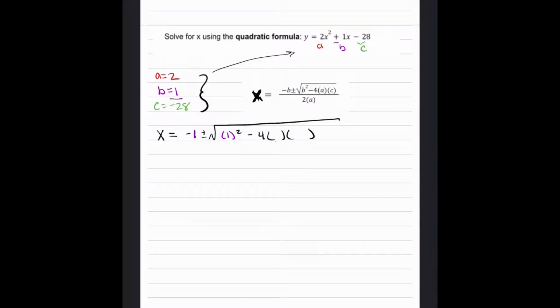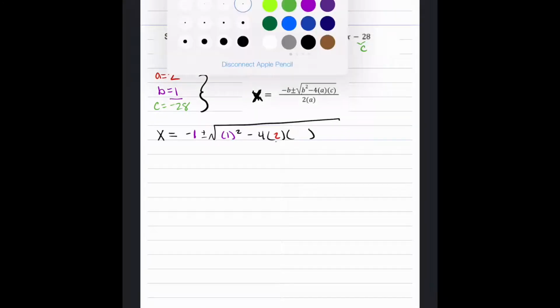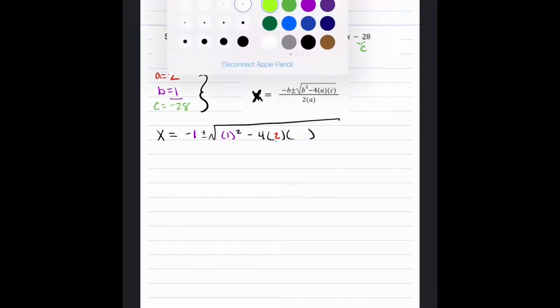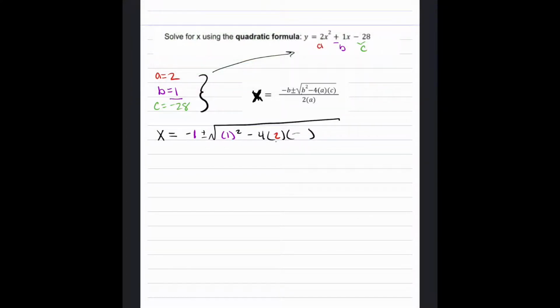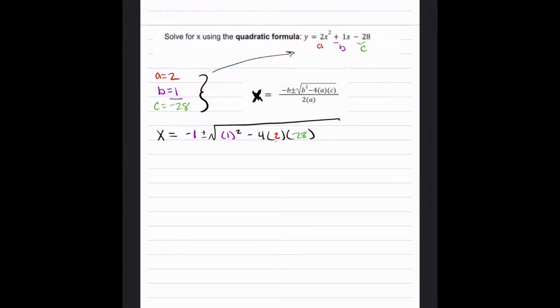So in these blank spots, I'm going to put a and c. A is 2, c is negative 28. And this is all over 2 times a.